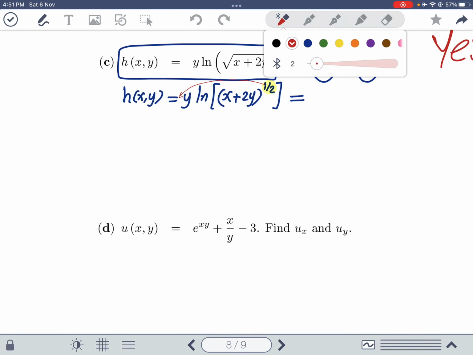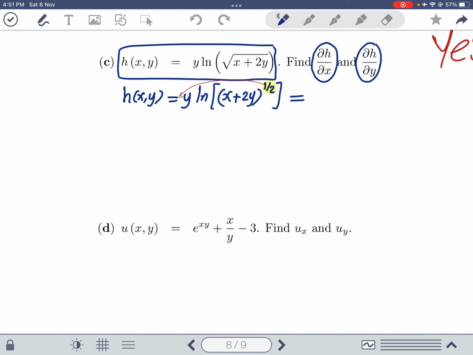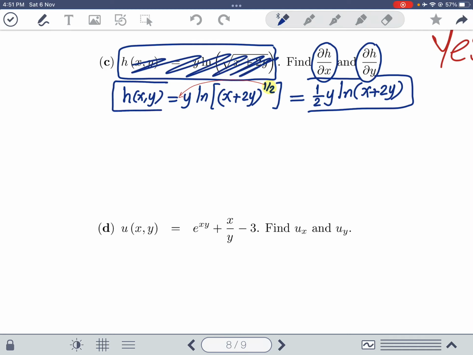Okay, and so what would you get? So you'll get half y ln of the rest, x plus 2y, the thing without the power. So the power came down by the property of logarithm. Nice. So now you can just forget h being this function, and look at the easier form of h.